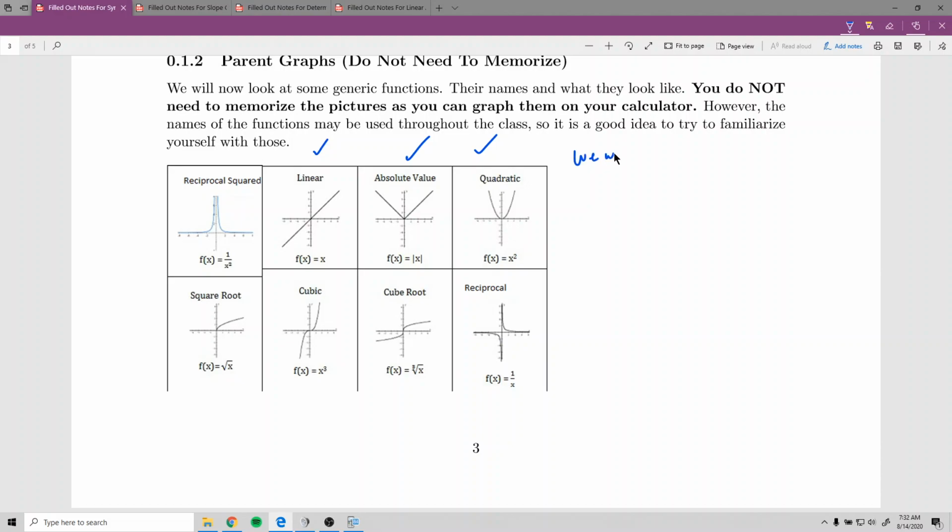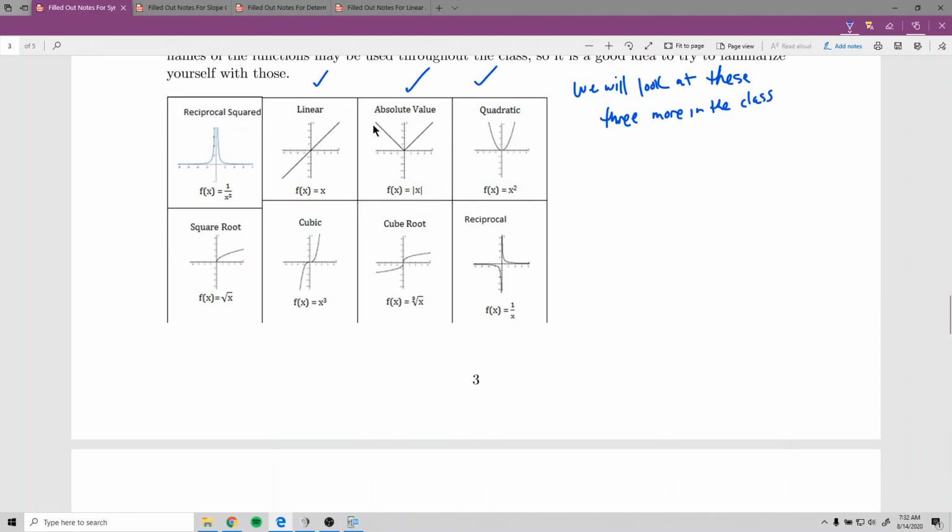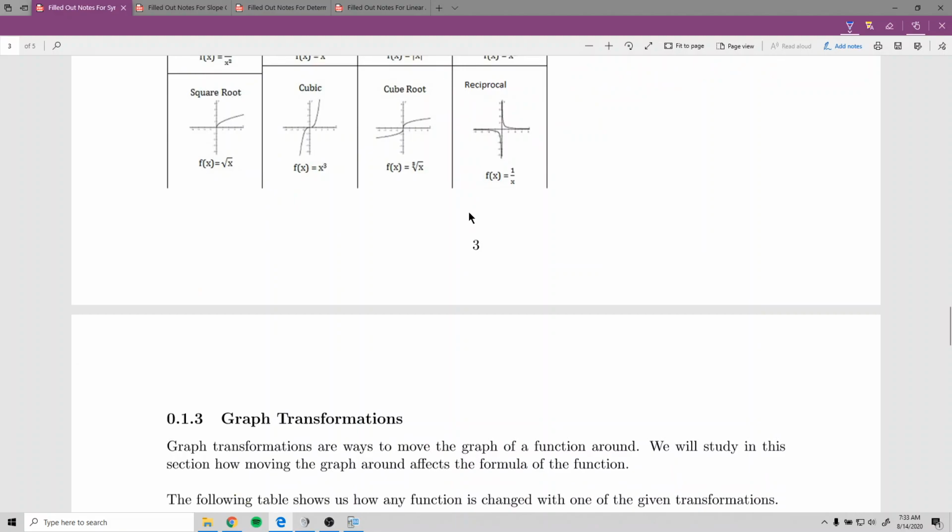So we will look at these three more in the class. There are things that we could talk about with all of them, but these are the three we'll eventually focus on. And especially the absolute value one, since we're usually least familiar with this graph. Knowing that it's a V shape is very useful.